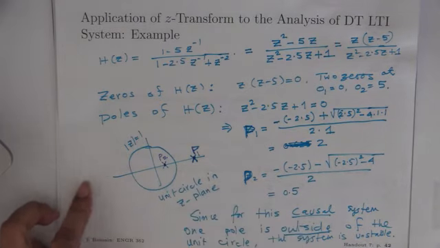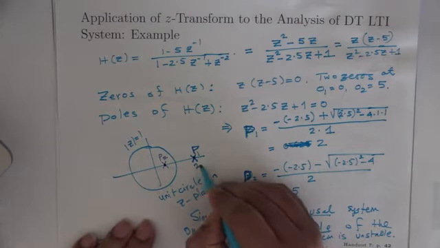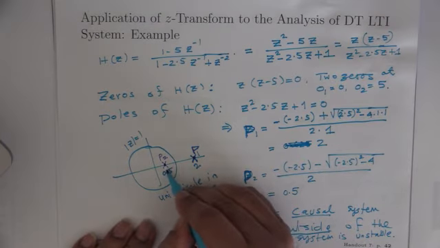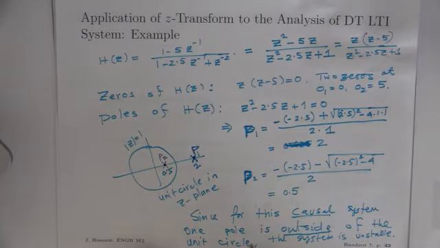I see one is sitting outside of the circle. This is 2, this is 0.5. So that's why for this causal system, one pole is outside of the unit circle. That means the system is unstable. Okay, good. So that's it for this case.